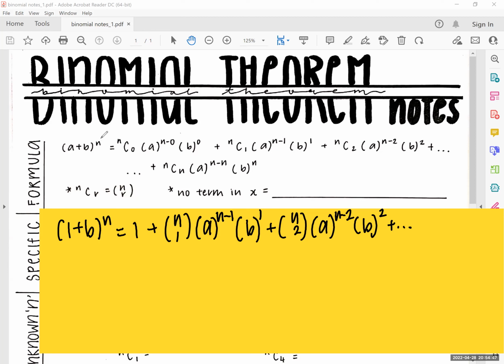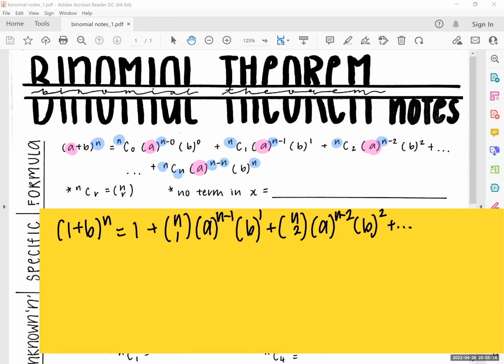This n is referring to all these n's. And this a is referring to this a here, this a here, this a here, and this a here.